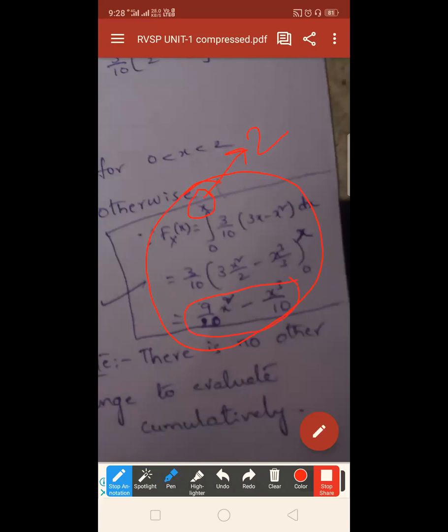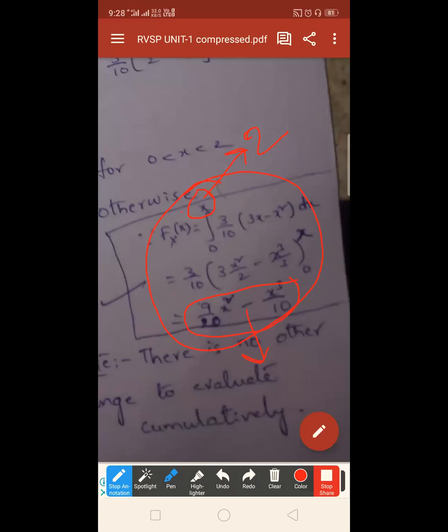Here we have got the answer 9 by 20 into x square minus x cube by 10. But if you substitute the upper limit as 2, then you will get the numerical value instead of this. That is not the correct method, because we have to find the function that should be in terms of x only. It should not be a numerical value.